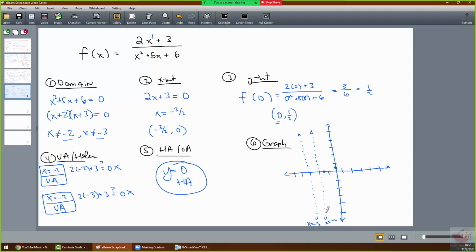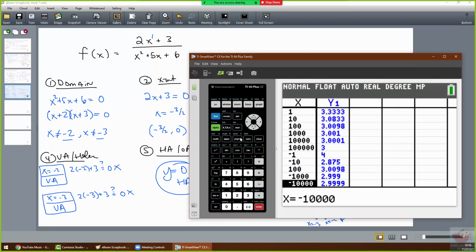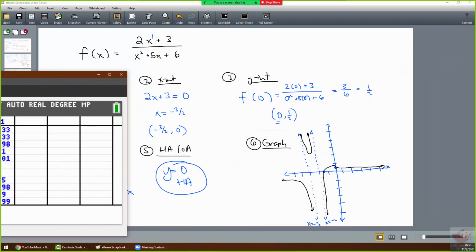If I were to guess, it probably does something like this. There's a little U shape there. And then this is pretty interesting because I think what it does is it crosses the horizontal asymptote, goes through that point, and then gets close to the axis. Something insane. But that's just based on guessing.